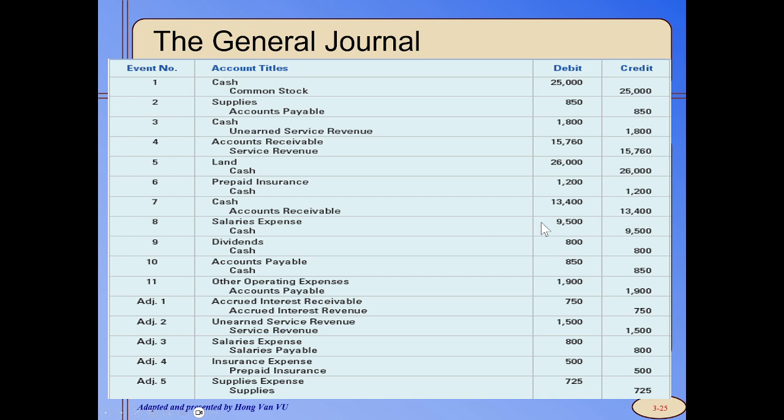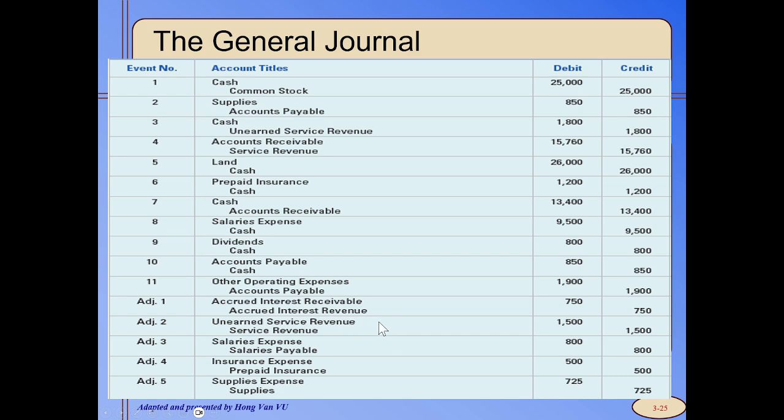The number 8, the company pays cash for the salary expense. And the 9th transaction, the company pays cash dividends. For the 11th transaction, the company recorded all the operating expenses that they have a responsibility to settle in the next month.